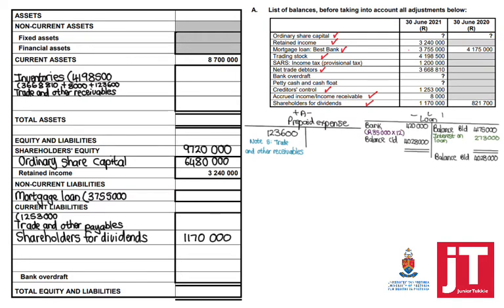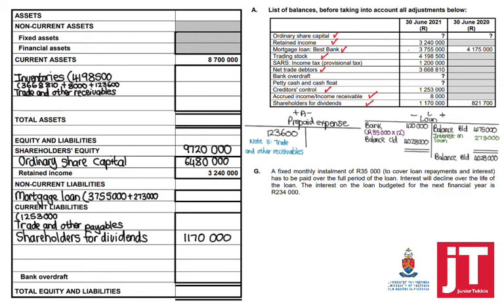Then we had interest on loan, and interest was capitalized, which means it should be added to the loan account. This is why we're going to say plus 273,000. Now, while we're on the loan, if you look at the information given to you, it says there, a fixed monthly installment of 35,000 to cover the loan repayments, and the interest has to be paid over the full period of the loan.